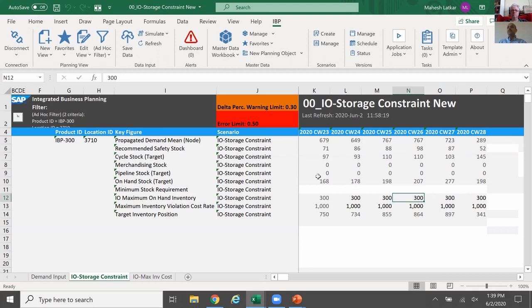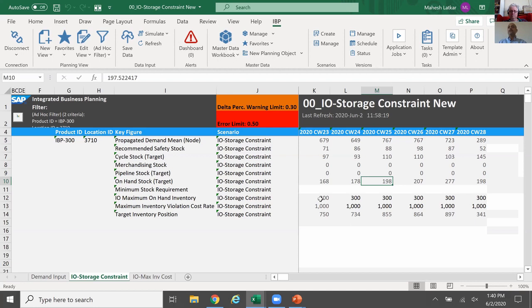If you see now, it changes these numbers. Here I've set the target as 300. So the system will make sure that we are not exceeding this on-hand stock target beyond 300, because I don't have space available at my DC location for this product location combination.